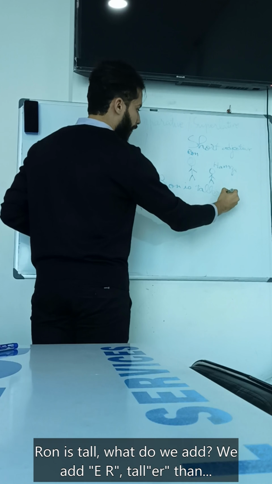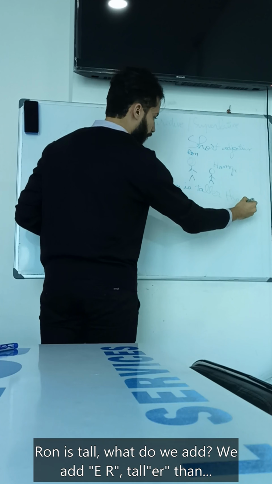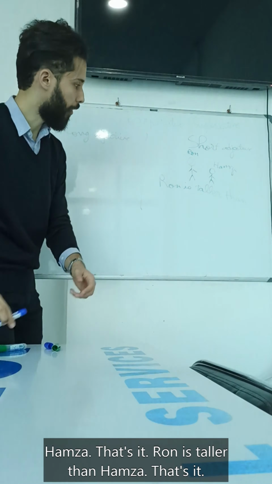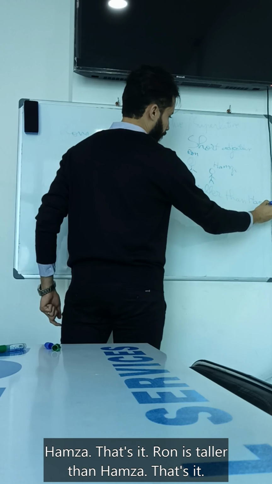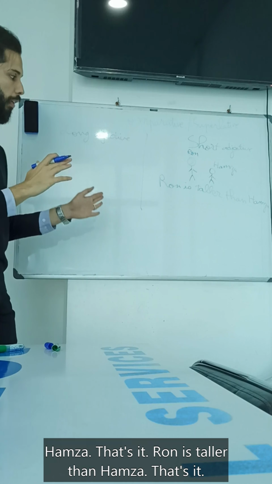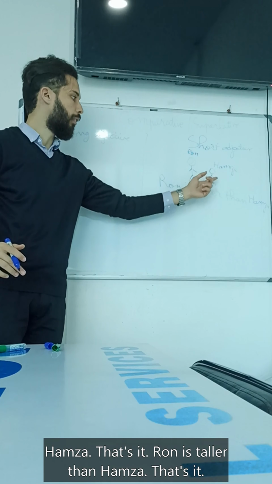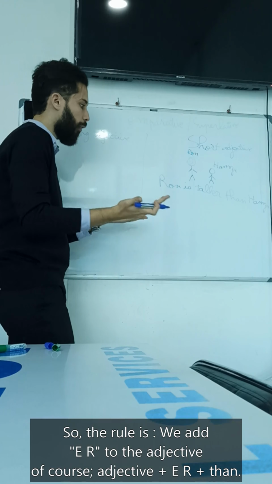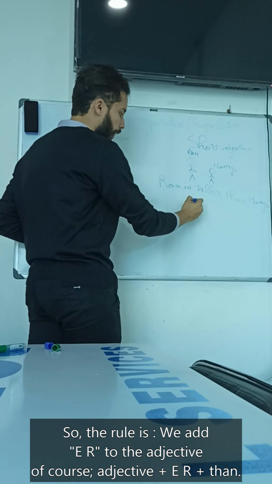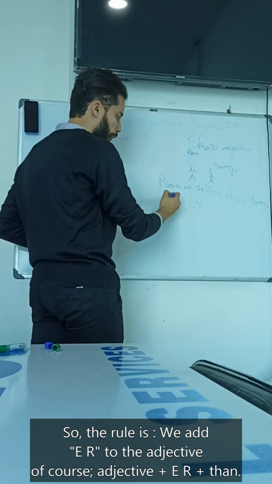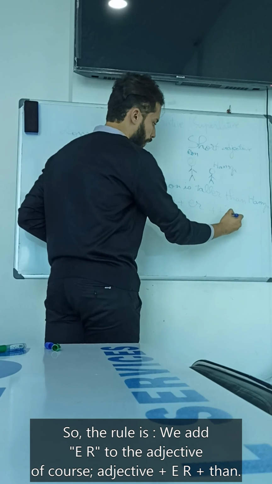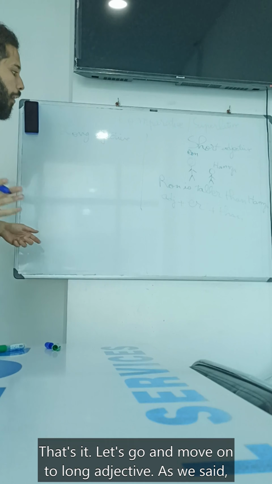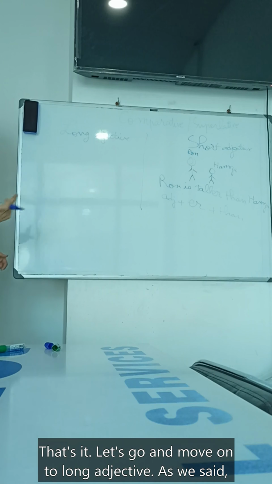Taller than Hamza. That's it. So Ron is taller than Hamza. So the rule is we add ER to the adjective, of course. Adjective plus ER plus than. That's it. Let's move on to long adjective.